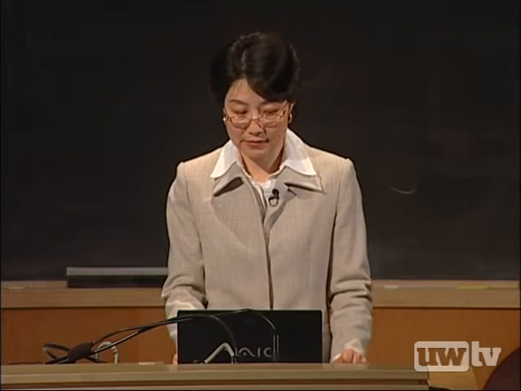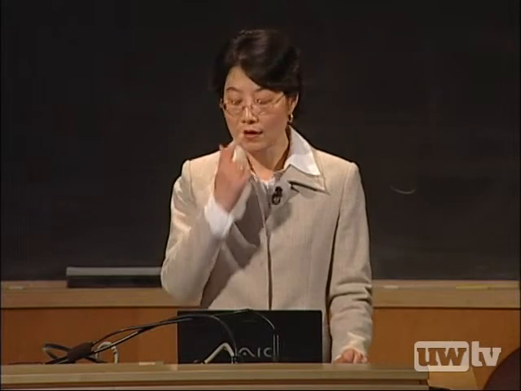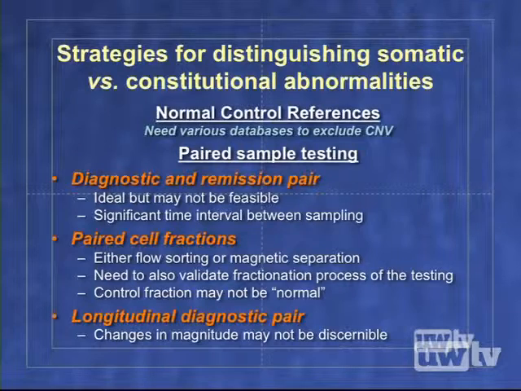That's hard. So the case that I showed you just now, case 2, basically illustrates the paired cell fraction method. You could use either flow sorting or magnetic bead separation to enrich the fraction that you want to use.